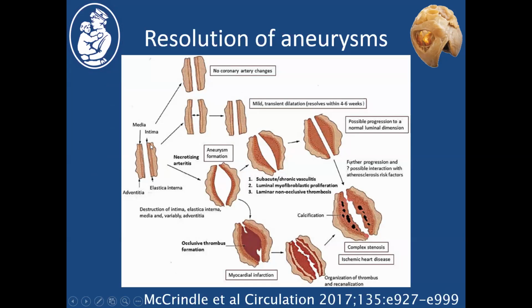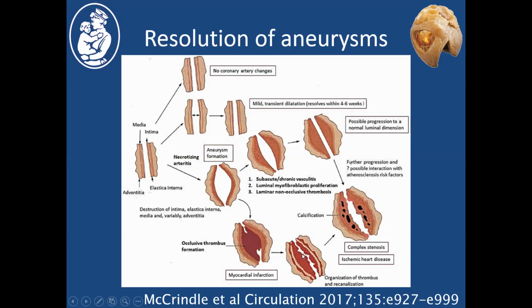So here's the vessel, the native vessel. There can be no change at all, or we can see the ectasia and dilatation, which usually then resolves back to a normal coronary size, or we can see the arteritis, necrotizing arteritis, and development of aneurysm formation. The aneurysms themselves can then undergo thrombosis, which usually leads to myocardial infarction.